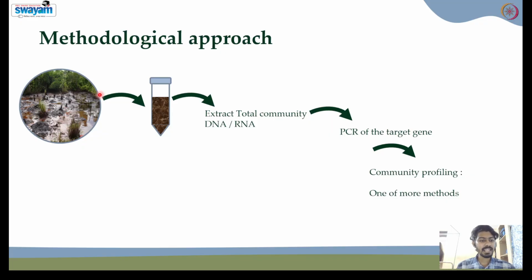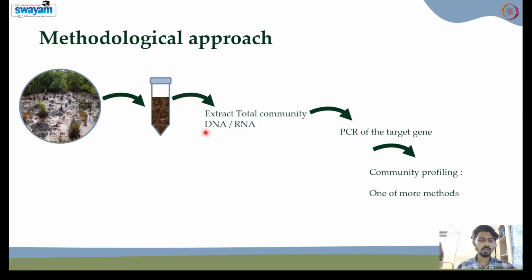We will transport it to the laboratory using sample containers. After transporting, the first step is to extract the total community DNA or RNA. It can be DNA or RNA depending upon the technique and the information that you need.